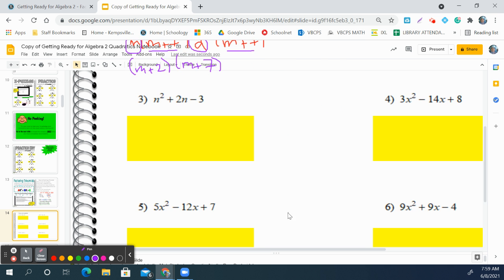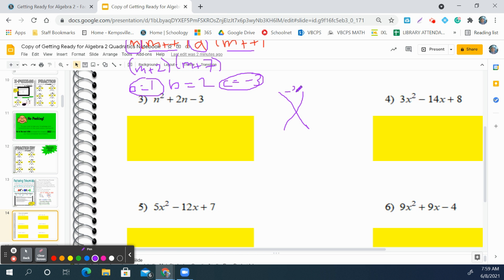What was the first thing we did in our process? So we figured out what our A, B, and C was, right? So A equals 1, and B equals 2, and C equals -3. And then we put it in our X puzzle, and what do we put in the top? 1 times -3.